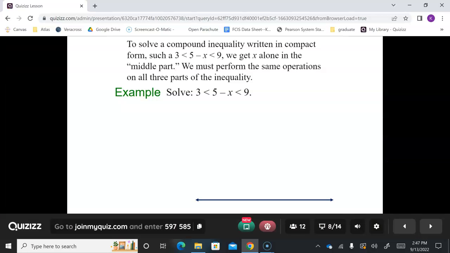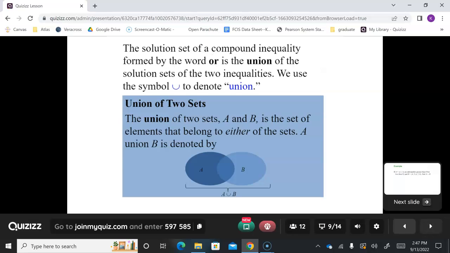Now, those were our intersections. Union. Okay? Intersection is answers that satisfy both inequalities. It has to meet both of them. So when you think about an intersection of a road, where they meet, a union just needs to satisfy one of them. So it's all of the numbers that satisfy one or the other. Think of a union like a marriage. You get married, you take all of your stuff and your spouse's together.